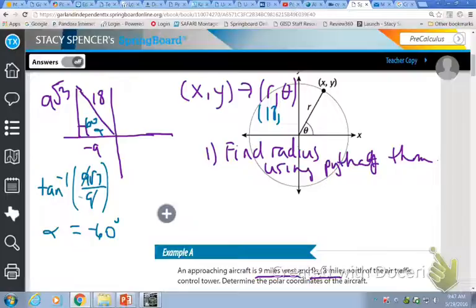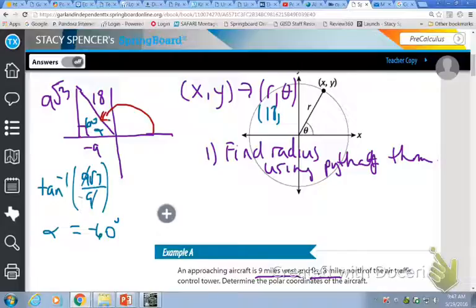Okay, so we're going to take the tangent and make our adjustments according to what quadrant we are in. So we're in quadrant 2, and we find that to be 60 for our reference angle. Now we want to find what our theta is. Remember, your theta starts here and goes to the terminal side.